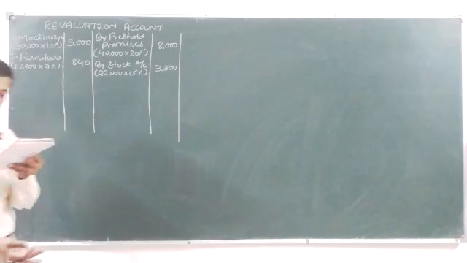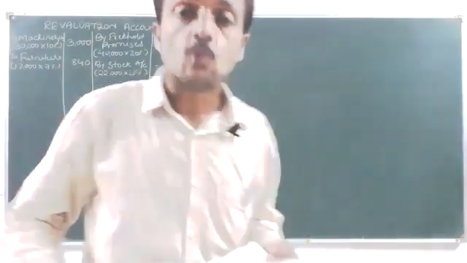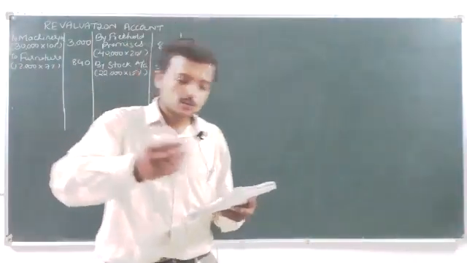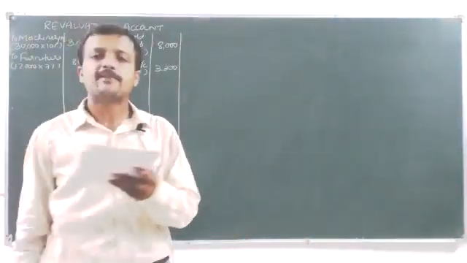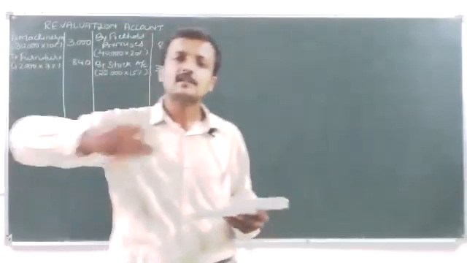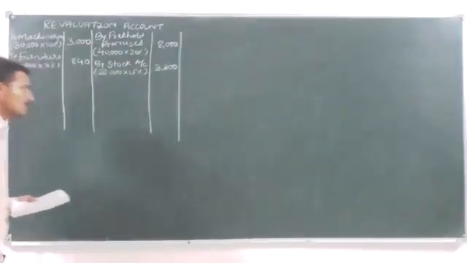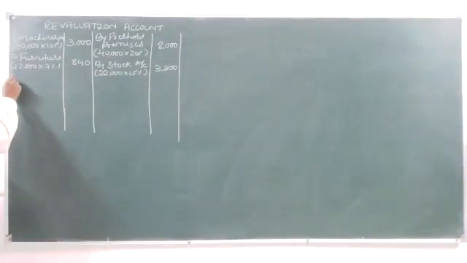So next adjustment, bad debts reserve is to be increased to 1,500. You need to understand: what is it now? It is 1,000, and it is to be increased to 1,500. That means a further 500 is to be increased. When a liability is increased, it becomes a loss.